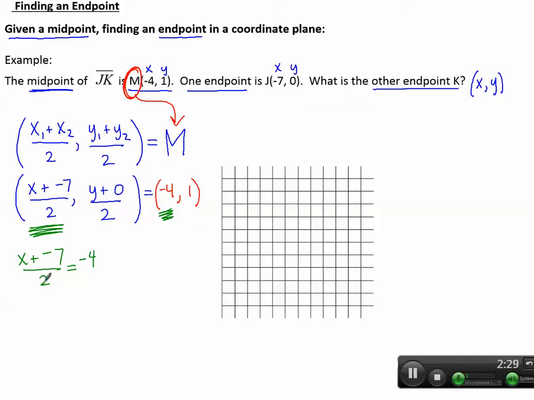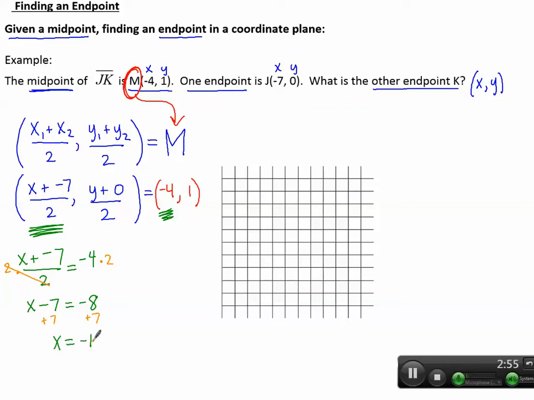First, I want to get rid of divided by 2. So on both sides of the equation, I multiply by 2. Now I have x plus -7. Well, we can write that easier. Remember, that's the same as x minus 7. So x minus 7 equals -8. Now I'm going to add 7 on both sides, and I get that x equals -1.